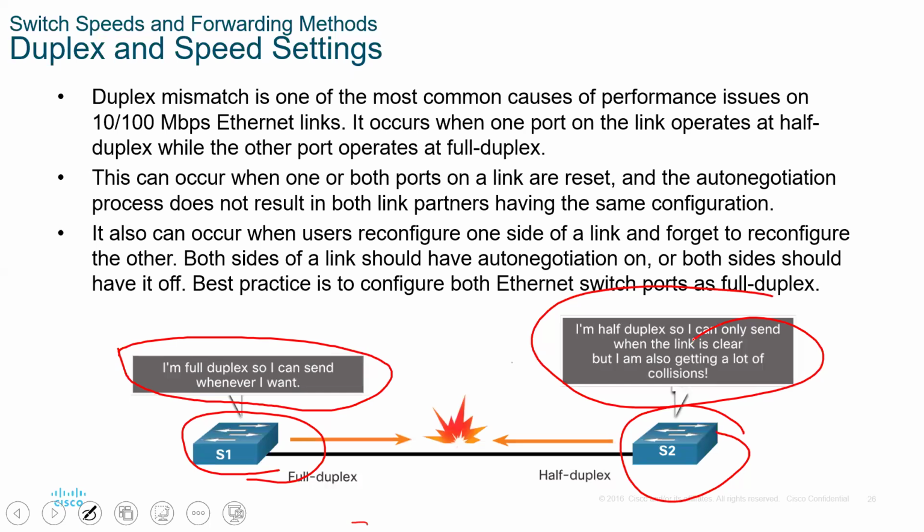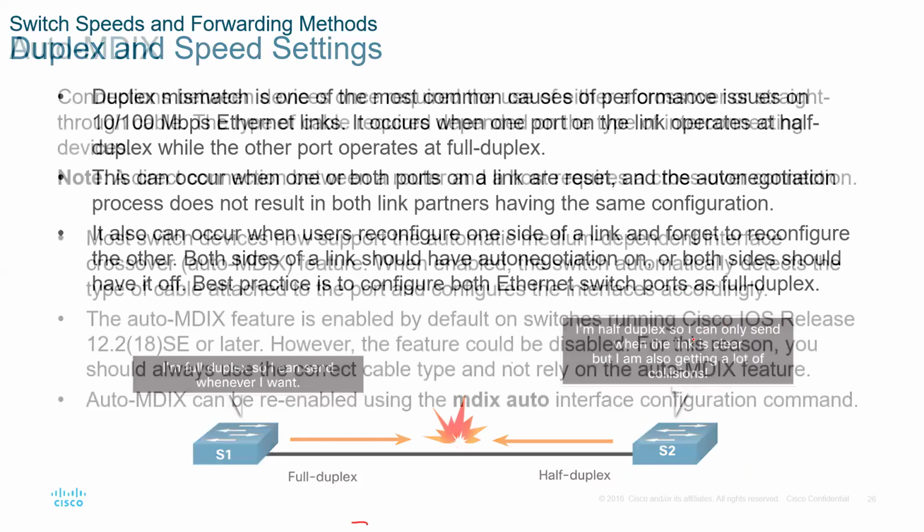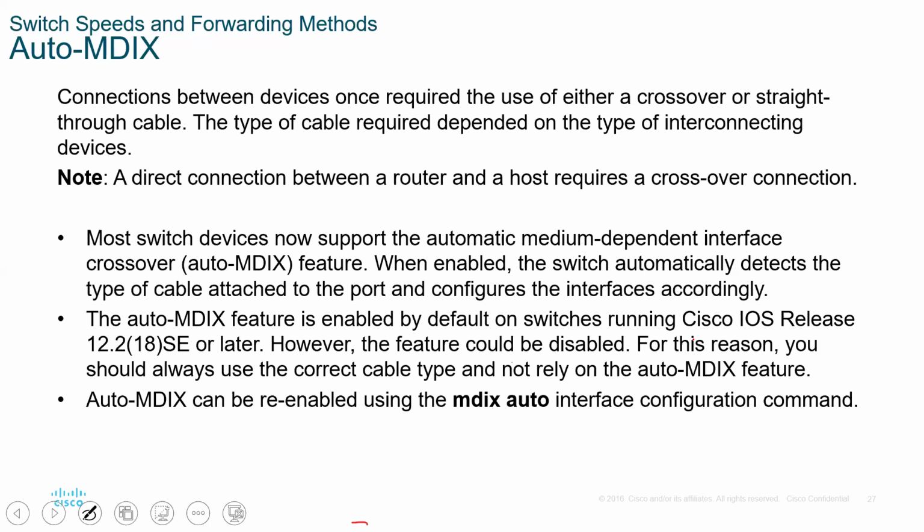It can also occur when users configure one side of the link and forget to configure the other side. Both sides of the link should have auto negotiation on, or both sides should have it off. Best practice is to configure both Ethernet switch ports as full duplex.